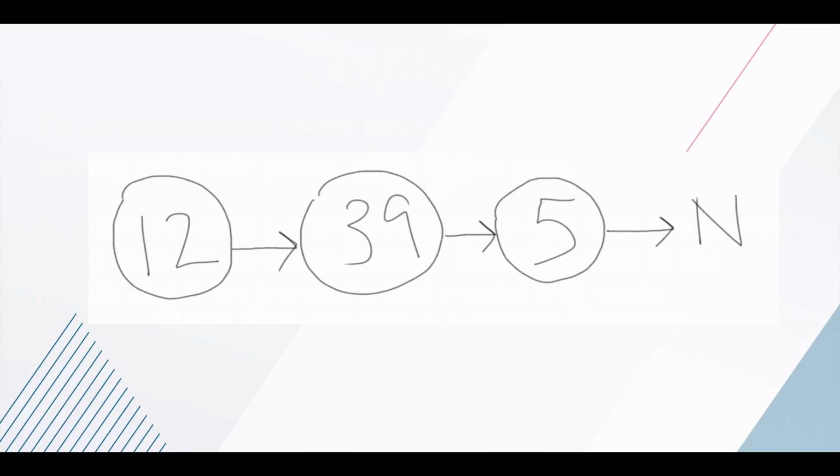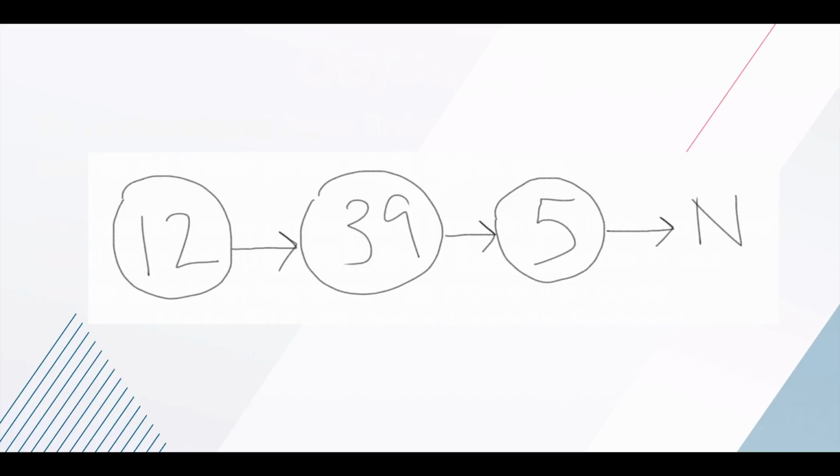These arrows represent references, for example, 12 pointing to the node that contains 39, and then the 39 node has another reference that points to the next node in the list, the node that contains the element 5. And then at the very end of the list, the node that contains 5 points to N, which in this case represents none or null, the indicator that 5 is the last element in our linked list.